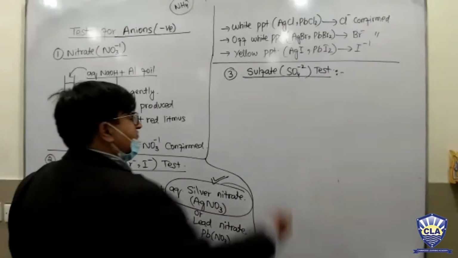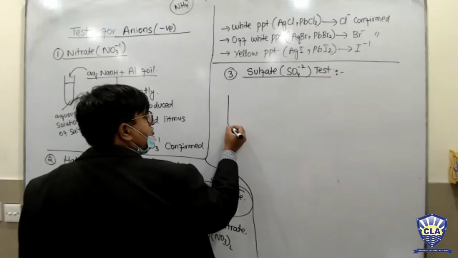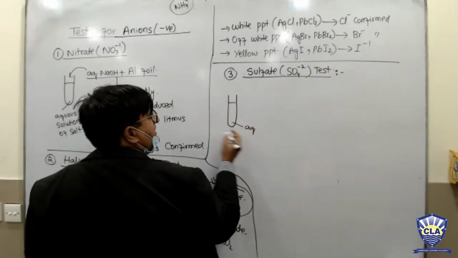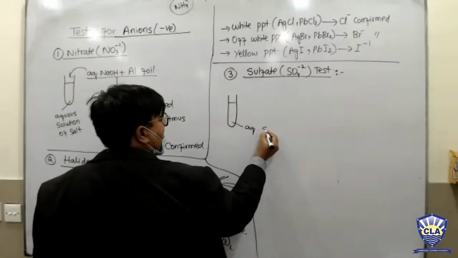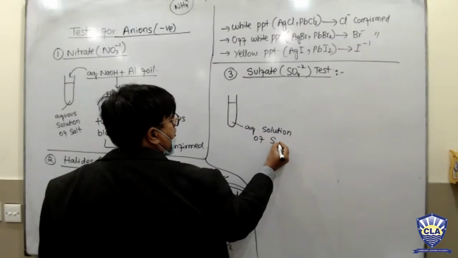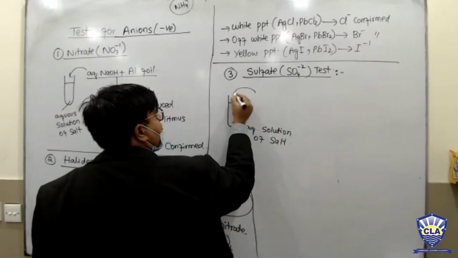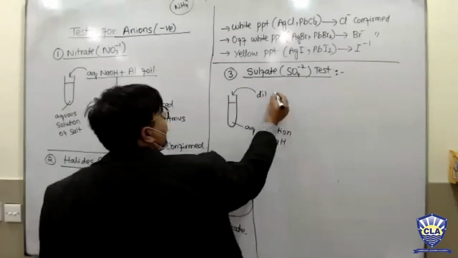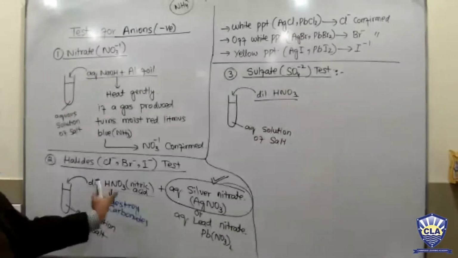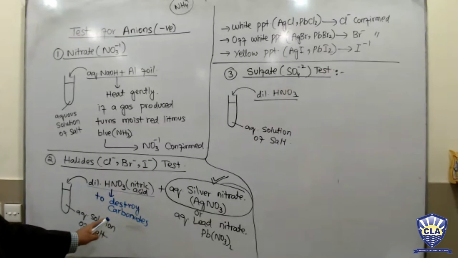Okay, guys, for the sulfate test, what should you do? You should take a test tube, put a little bit of the salt and water inside it, so you will get an aqueous solution of salt. Then add dilute nitric acid, whose function is exactly the same, to destroy the carbonate.